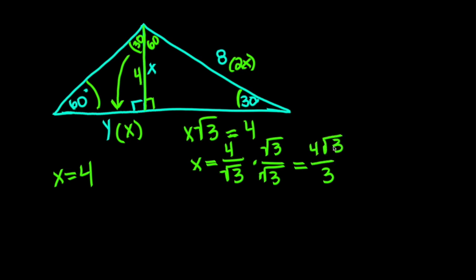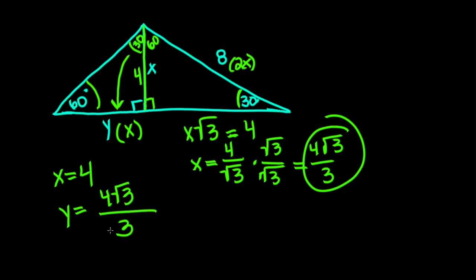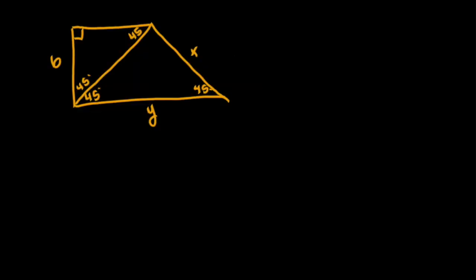Since this is the most simplified that a fraction can be, 4 times square root of 3 over 3 is going to be our y value. So x is going to equal 4 and y is going to equal 4 times the square root of 3 over 3. Alright, let's go ahead and solve one last problem.